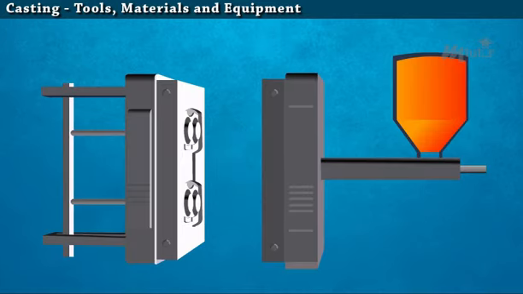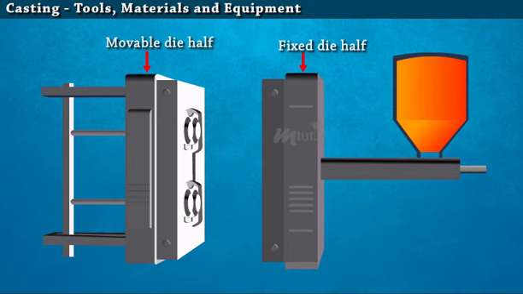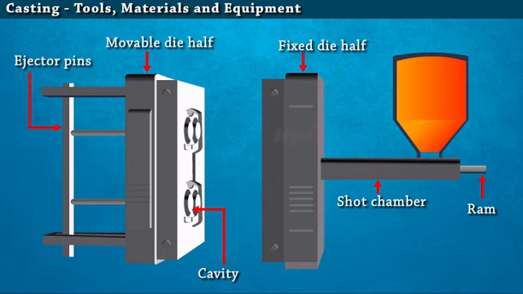Similarly, die casting consists of fixed and movable die, shot chamber provided with ram, and ejector pin for removing the cast part.